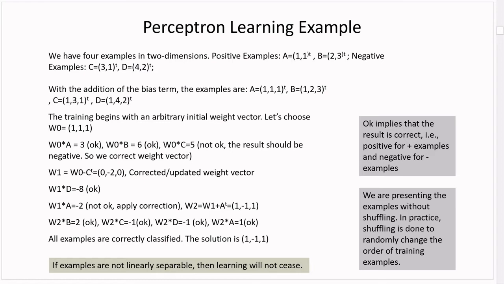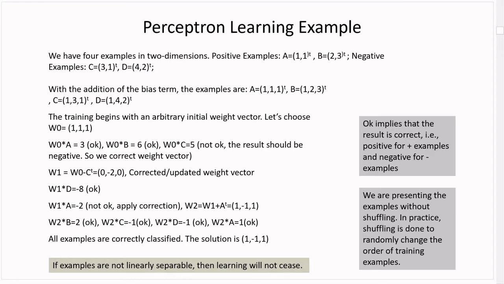For C, the model is giving us a value of 5. We expect the model to produce a negative output here. That means this example is being misclassified. So we do the correction to the weight vector, and that correction is done by subtracting C from our current weight vector.